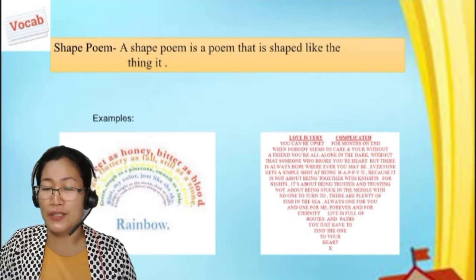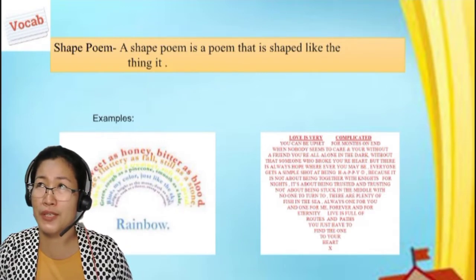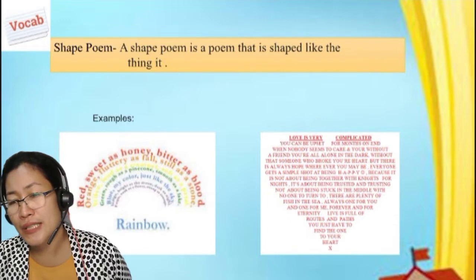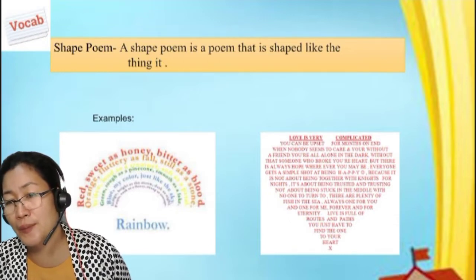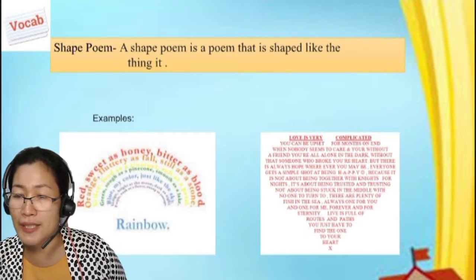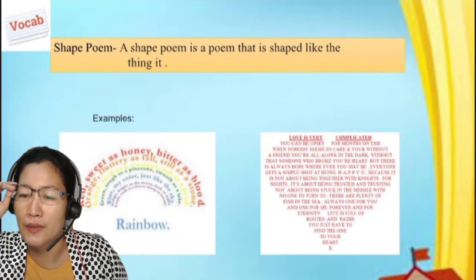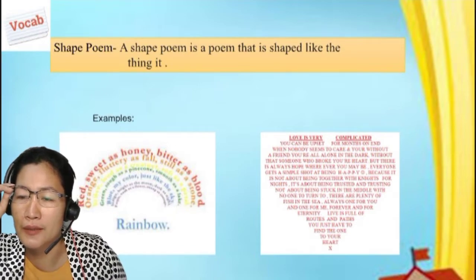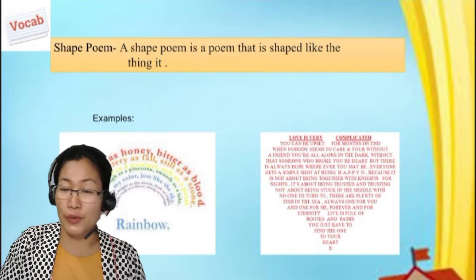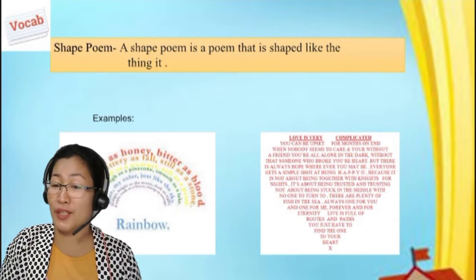And we can see also the other picture here, the heart. Of course, when we think about the heart, this is about love. Let's read. Love is very complicated. Oh, it's complicated. You can be upset for months on end. So this shape poem tells about love.